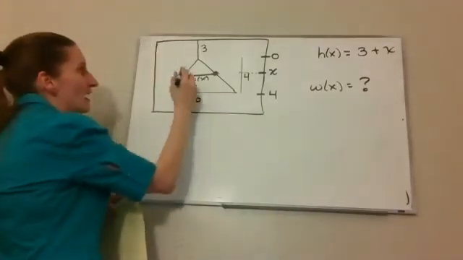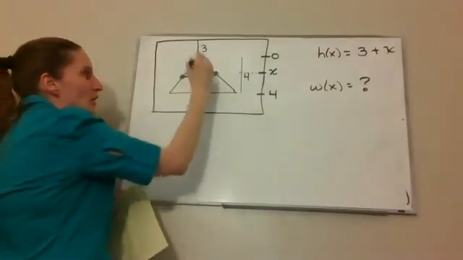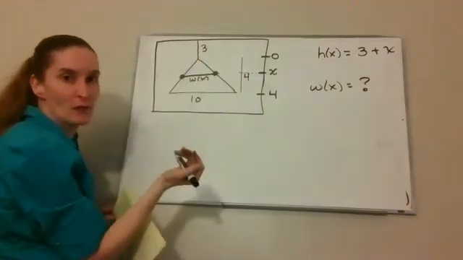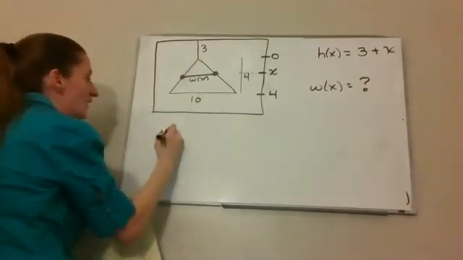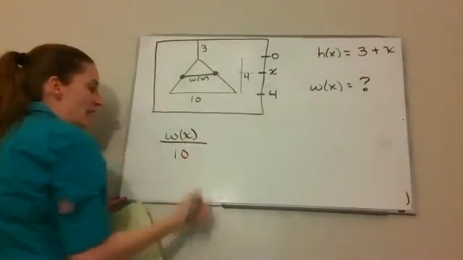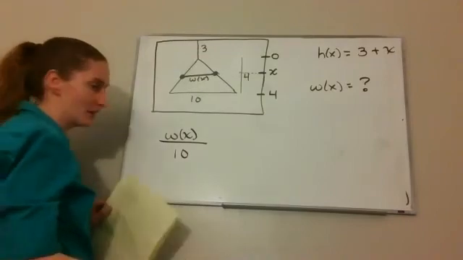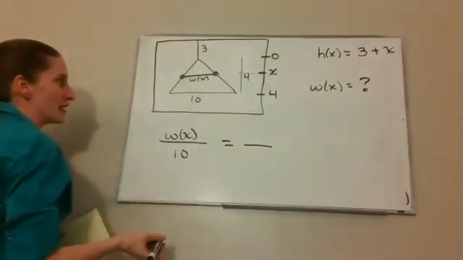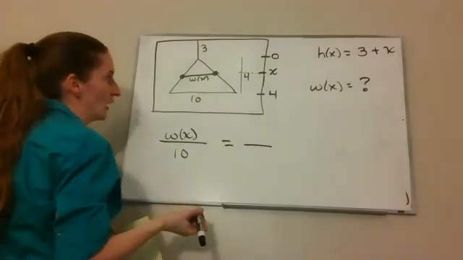So if I look at this isosceles triangle, the big one that we had, I also now have a little isosceles triangle whose base is W of X. So I can say W of X is related to 10. Those are the bases of my triangles. This should be equal to the ratio of the altitudes of the triangles.